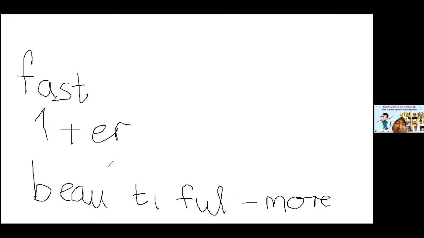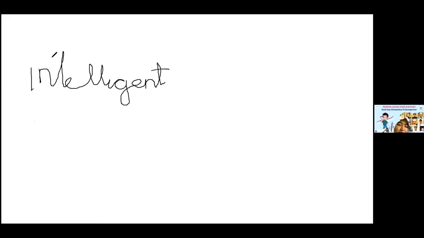Over here, more is with 3. If you have 3, it is illegal to add ER. Nggak boleh. So let me write another word. Let's see what you guys think. Intelligent, more intelligent.